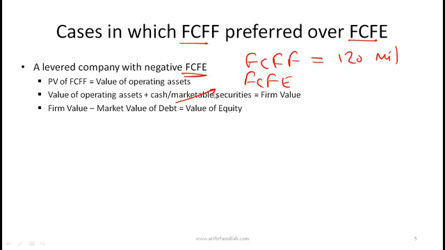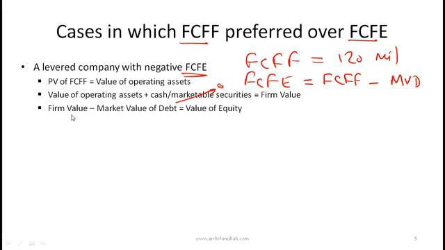For simplicity, we'll assume that this is very small and negligible now, and towards the end of this reading, we'll come back and discuss exactly how to deal with it. But for now, to come up with free cash flow to equity, you simply take the free cash flow to firm and subtract the market value of debt, assuming marketable securities are negligible. That will give you your free cash flow to equity.